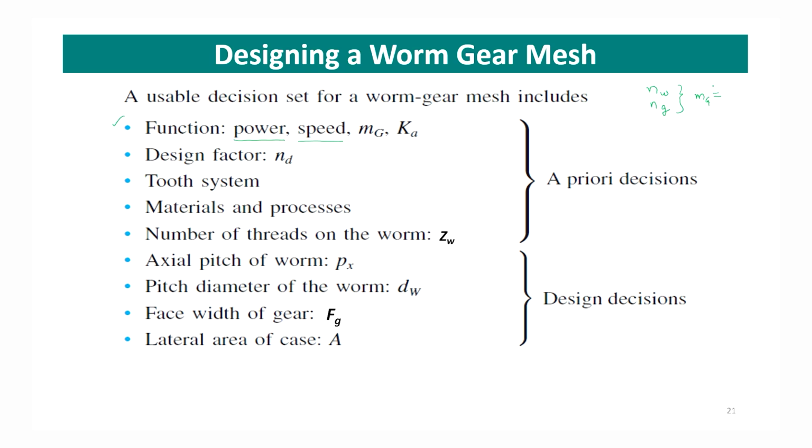It will be in the ratio of z of the gear divided by z of the worm. Then Ka, application factor, depending on the application in which we are going to use this worm and worm gear set. Then the factor of safety Nd. Then the tooth system.